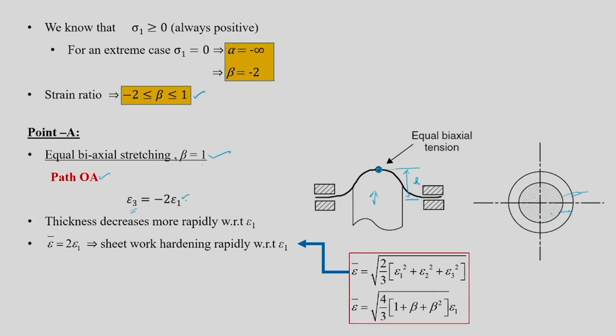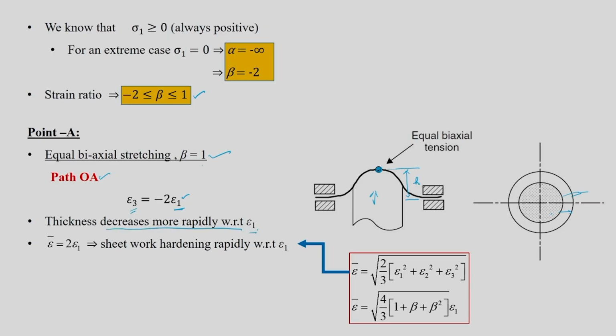What does it mean? That means you have a particular strain, and your thickness is going to decrease rapidly with respect to your strain in principal direction 1. The minus signifies that thickness strain is negative, which means you are going to have thinning, and twice means the thickness is going to reduce more rapidly with respect to epsilon 1.